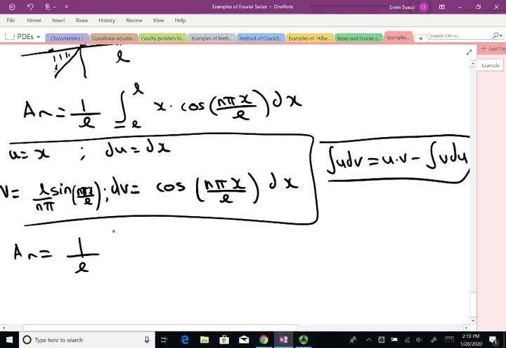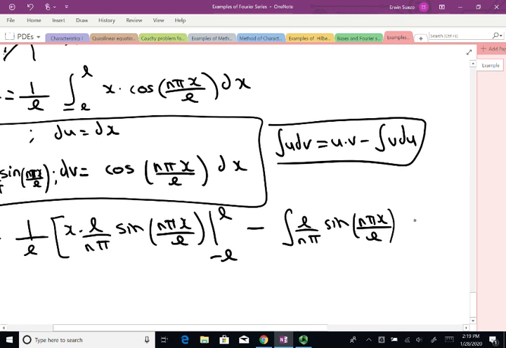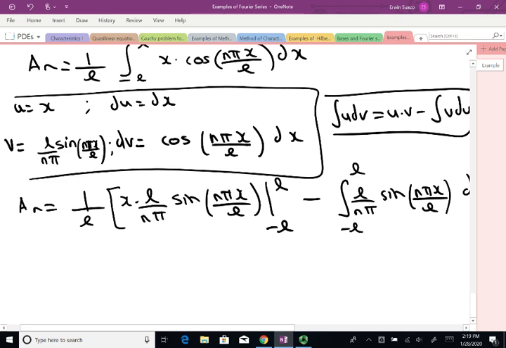So that's 1 over L times u times v, that is x times L over n pi sine n pi x over L between minus L and L, minus the integral between minus L and L of v du.